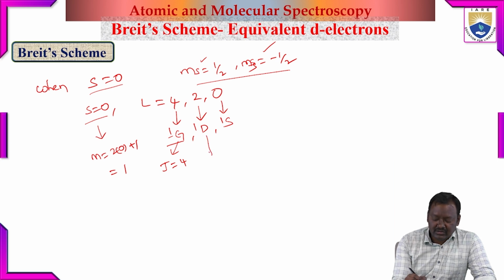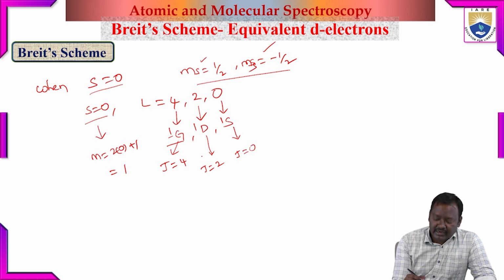Here also, L value is 2, S value is 0, J value is 2. And as L value is 0 and S value is also 0, the J value is 0.